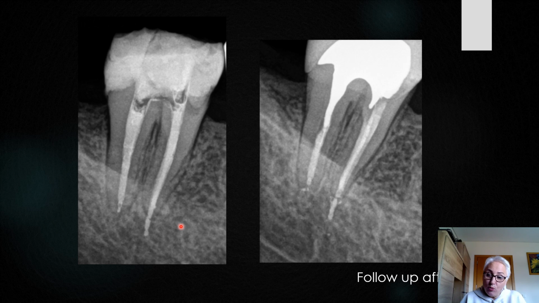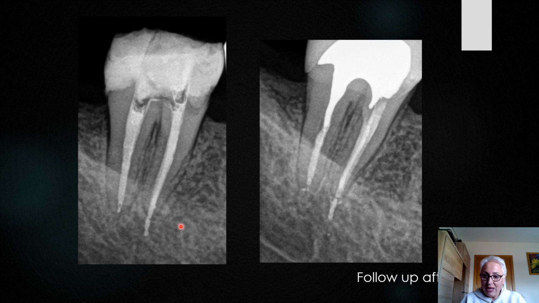But actually, if you remember the chemistry of the sealer and the gutta-percha, gutta-percha has much better biological compatibility with human tissues. All sealers are very toxic, at least until they are set. I'm not talking about calcium silicate or hydraulic sealers; I'm talking about usual sealers or resin-based sealers.